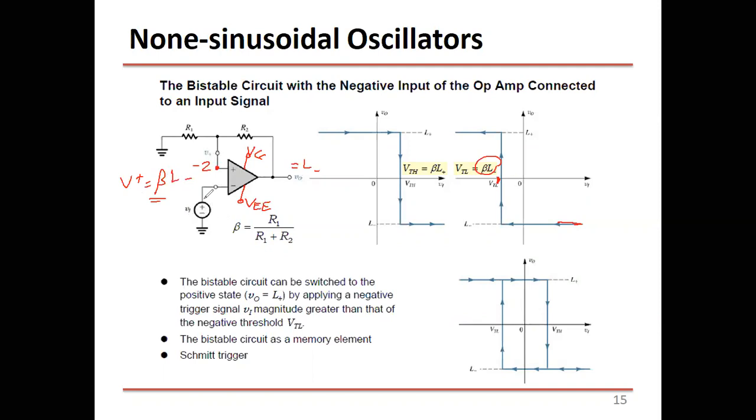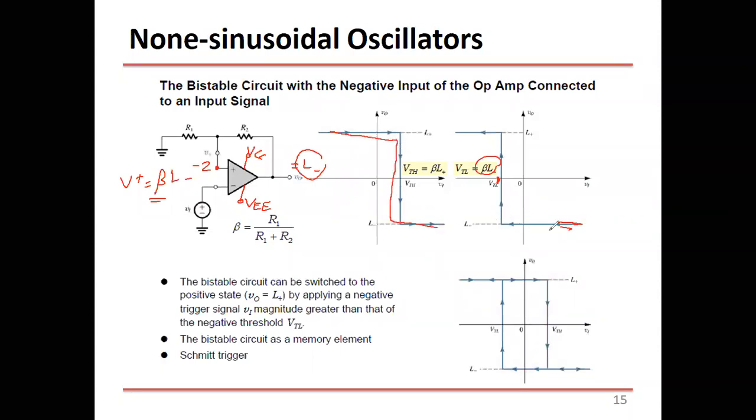If V input is higher than minus 2 volts, like 4 volts, 3, 2, 0, minus 1, you sustain the minus saturation level at the output. But once the input goes below this level, which is beta L minus, the output goes through the transition from L minus to L plus. In the forward direction, you go this way.